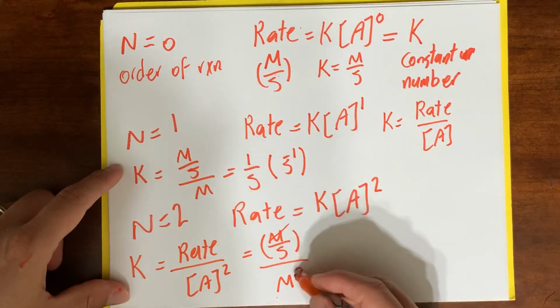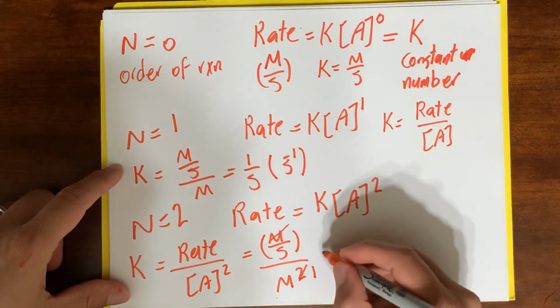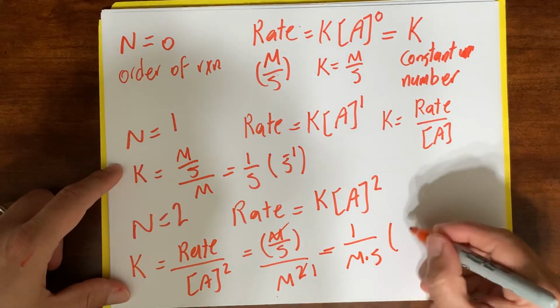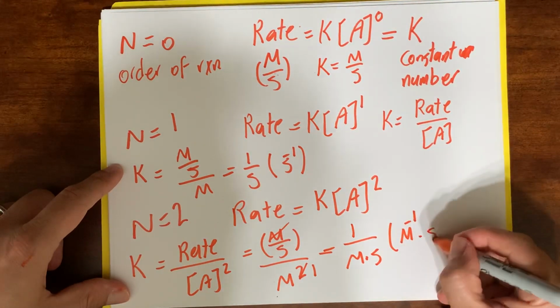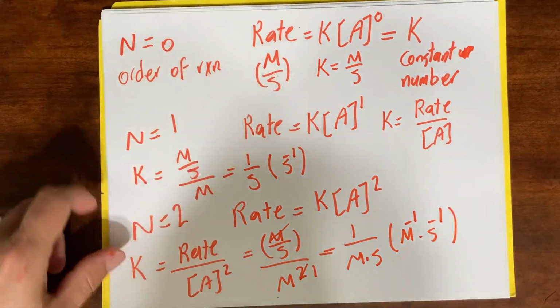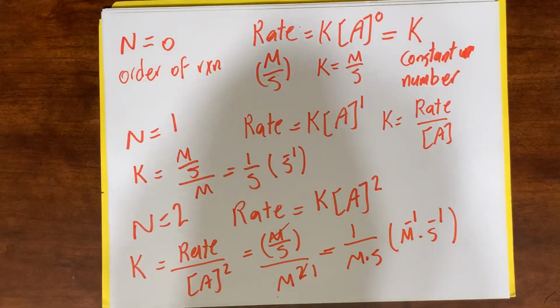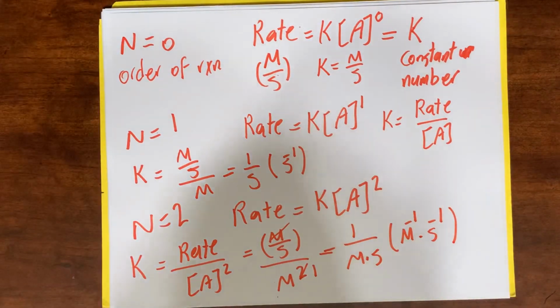You cancel M by M, you have 1 left. You get 1 over M multiply s, which is equal to M minus 1, s minus 1. So whether you know that formula or not, you can use this logic to find the unit of k.